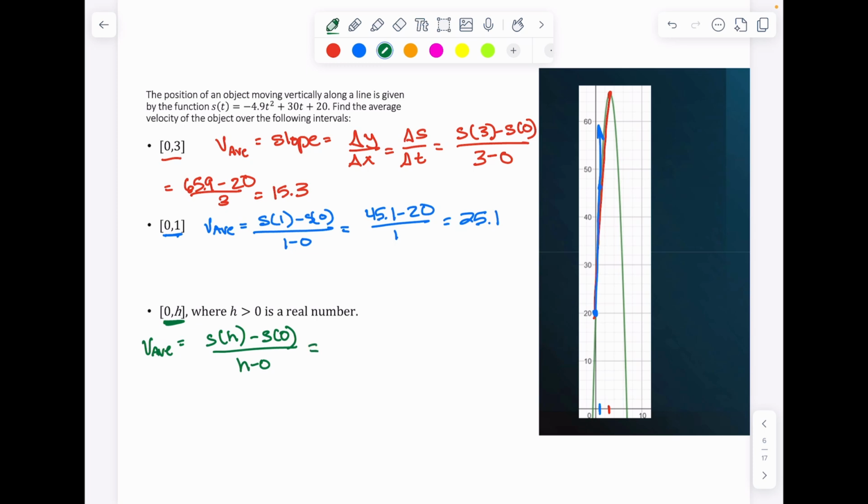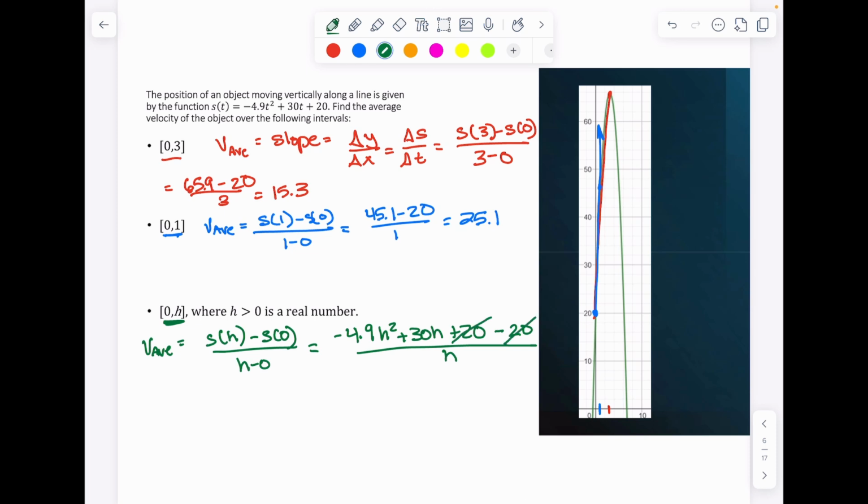When I replace t with h in our original position function, I get negative 4.9 h squared plus 30h plus 20. That's my s of h. And then I'm going to subtract my s of 0, which is just 20, and I can put that all over h. And so now I can simplify this.